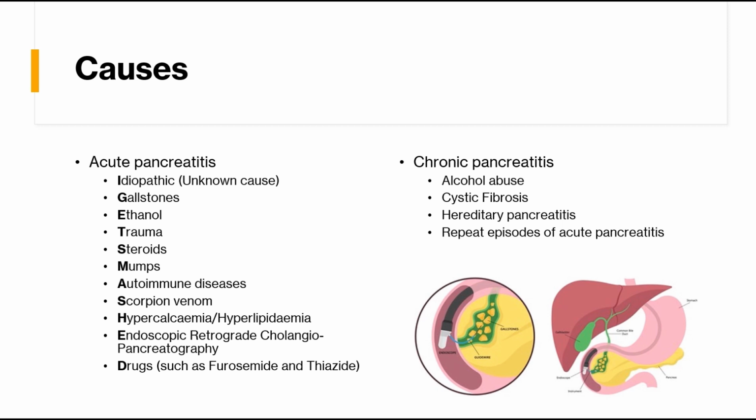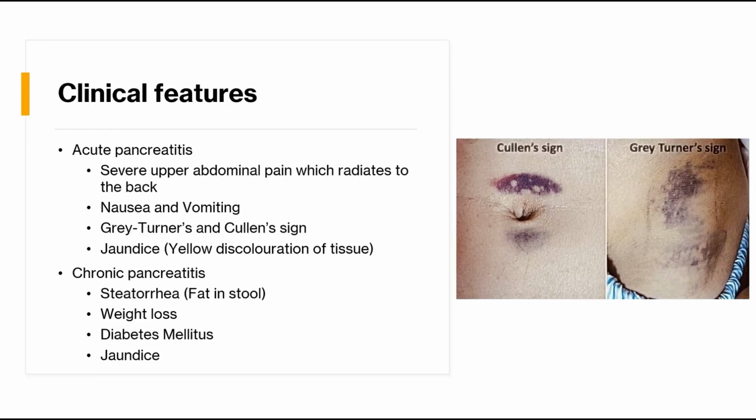Cystic fibrosis is also a genetic condition that causes thick and sticky mucus that has the potential to block the pancreatic ducts, leading to enzyme retention, premature activation, and repeated inflammation. Over time, this results in fibrosis, scarring, and loss of pancreatic function, which is essentially just chronic pancreatitis.